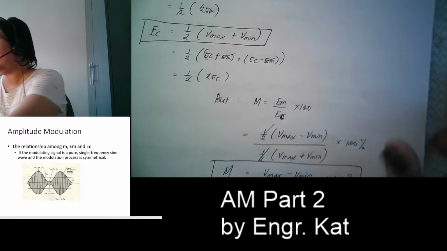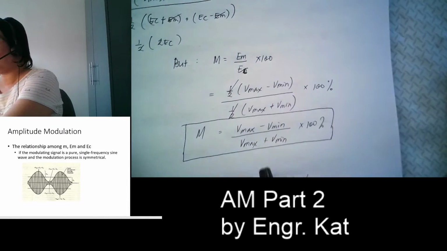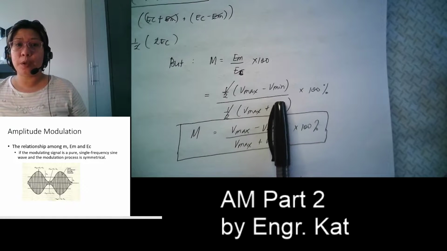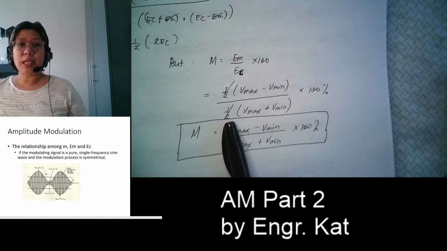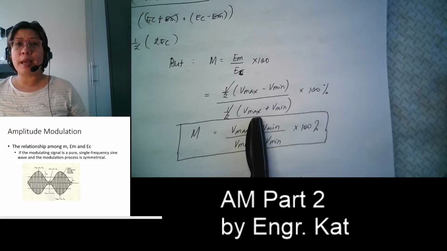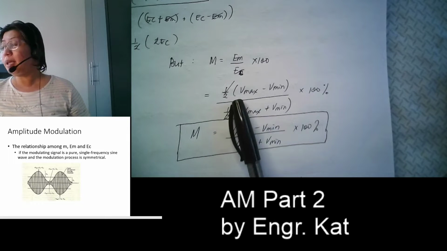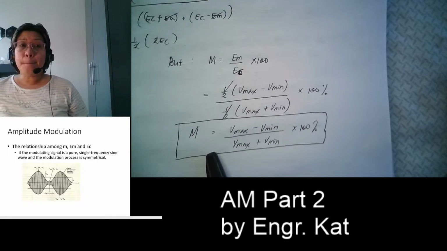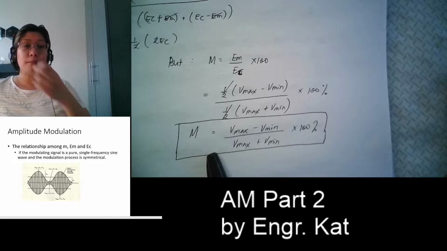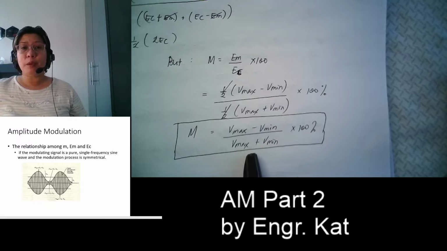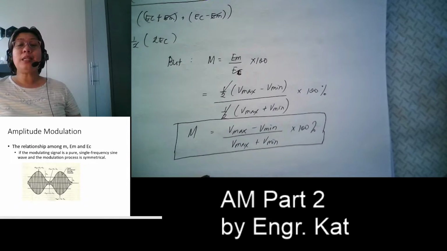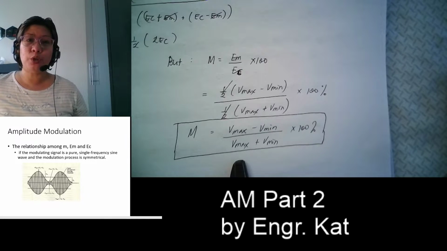But what is EM? EM is equivalent to 1/2 multiplied by Vmax minus Vmin. And what is EC? EC is equivalent to 1/2 of Vmax plus Vmin. Canceling your 1/2 here, that will give you your M, which is equivalent to Vmax minus Vmin divided by Vmax plus Vmin times 100. So this is your percent modulation.